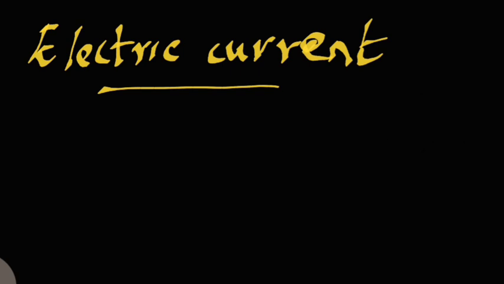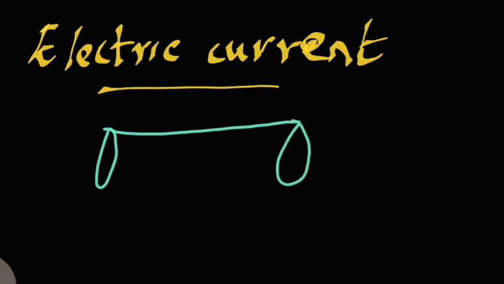Now speaking about the electric current in terms of an equation, let us see how you can define electric current in equation form. Okay, so I told that if charge is moving, let us consider that Q is the amount of charge which is moving through a conductor.